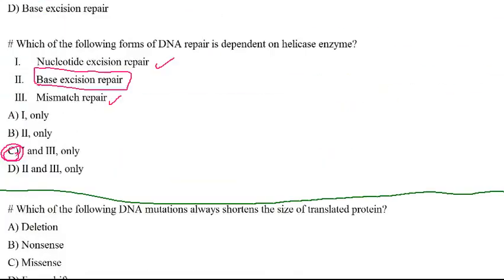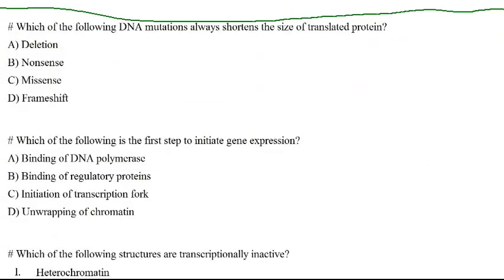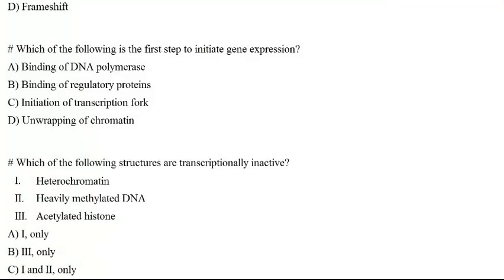So now we are done with the first set of questions. Let's move on to the last set. Which of the following DNA mutations always shortens the size of a translated protein? The next question is, which of the following is the first step to initiate gene expression?